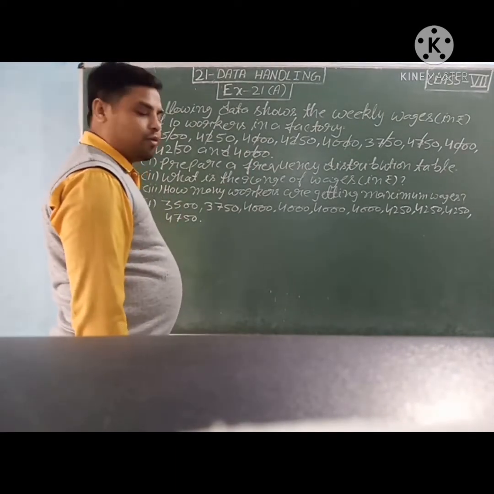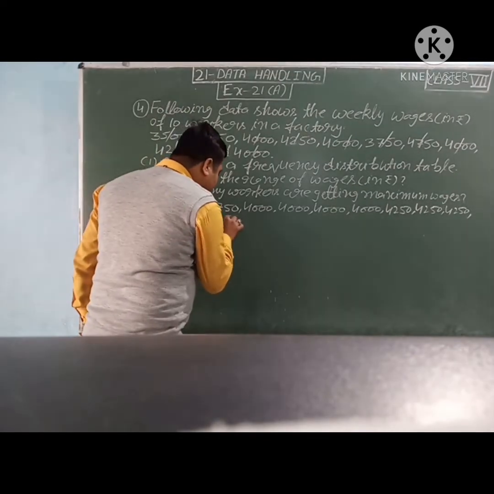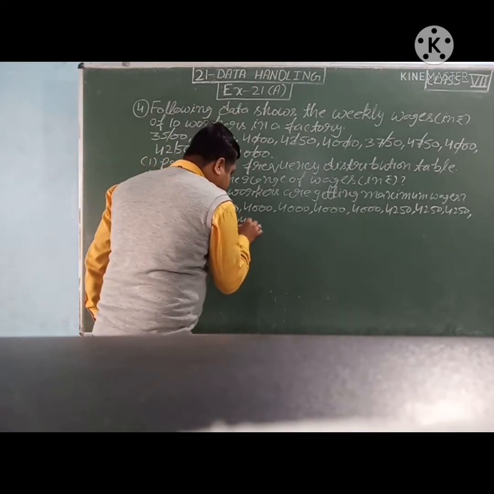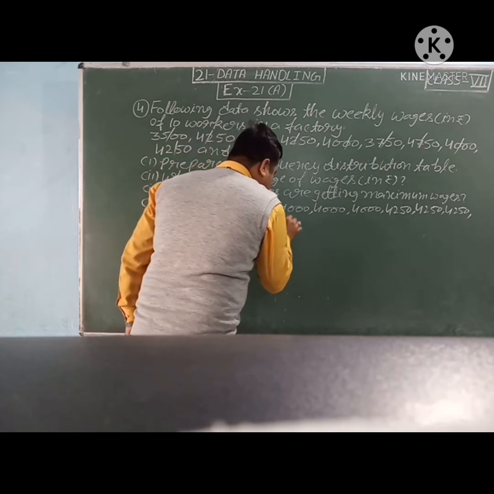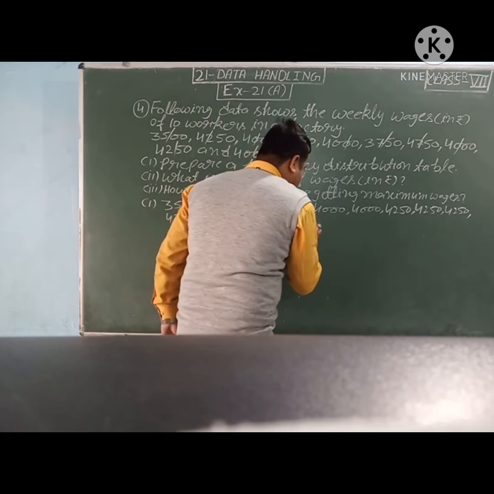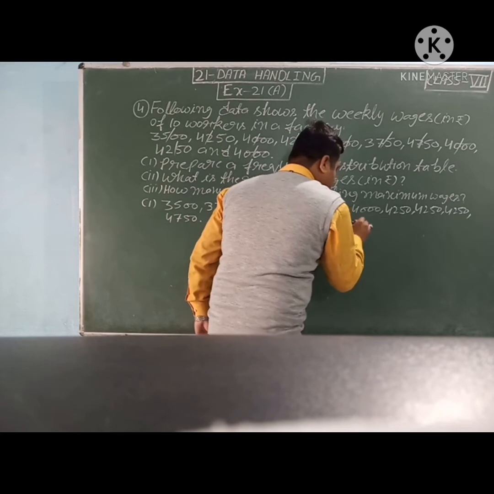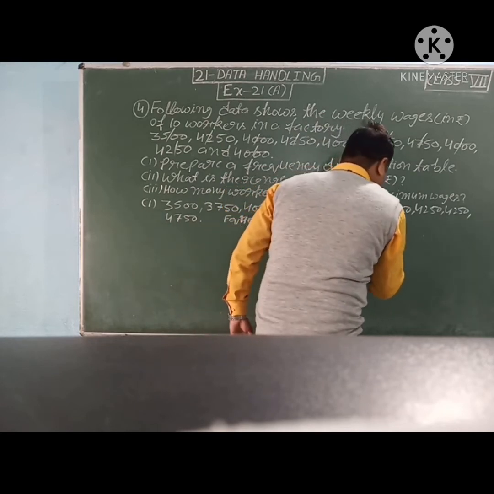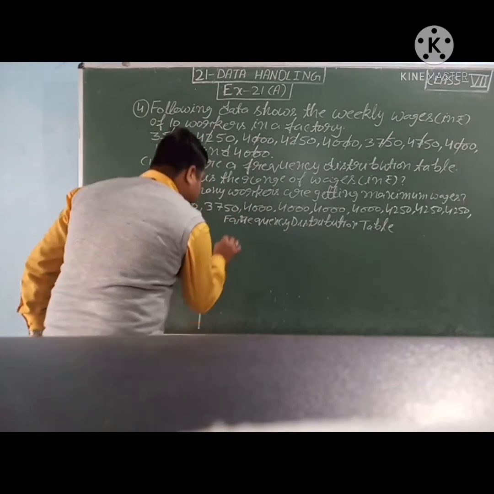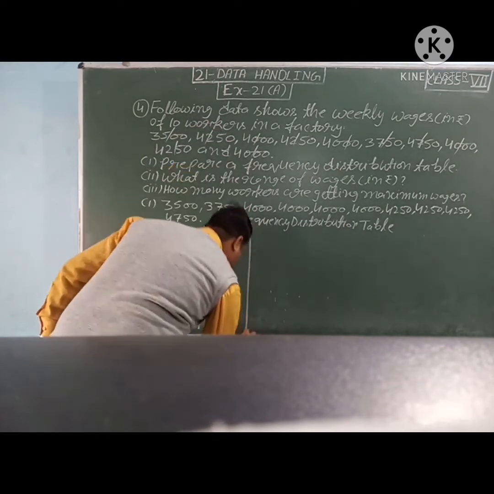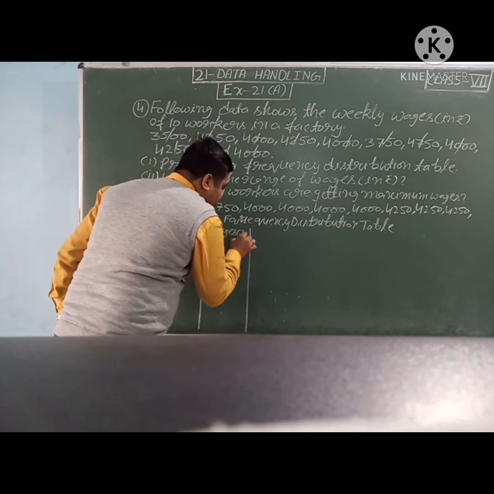Now we will make the frequency distribution table. At the top we will write frequency distribution table. So the first head will be wages, or inside the bracket rupees.